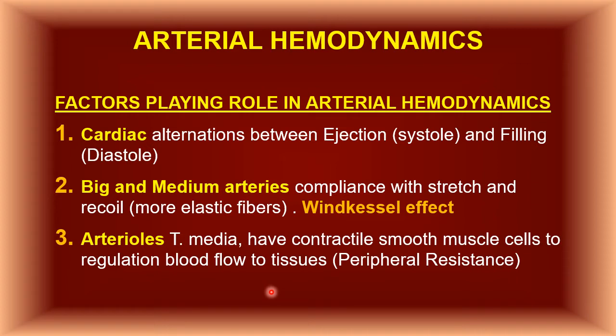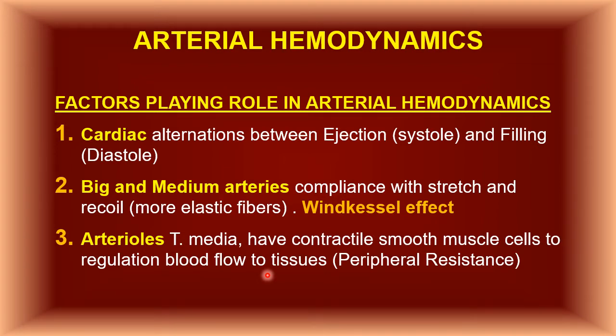They are more contractile. We all know that the big arteries, medium arteries, and all other arteries in the arterial tree have tunica media, but they are not contractile. They don't respond to contraction or dilation. We have no vasoconstriction, no vasodilation among the big arteries, but we have this criterion very obviously in the arterioles.